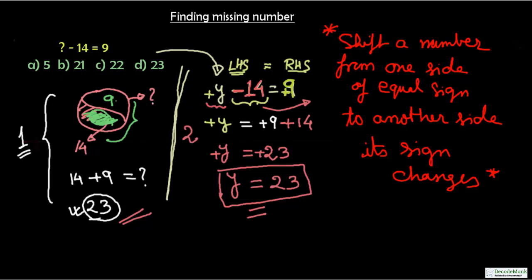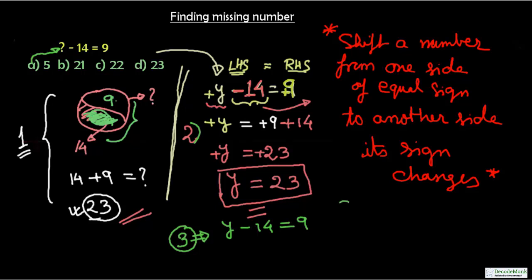Now you will be amazed to know there is still another way of doing this particular problem. Even if you do not know these two ways, there is a third way, and this should be a last resort. If no idea comes to you, then you can plug the options in place of the question mark. So here I have got y minus 14 equal to 9.